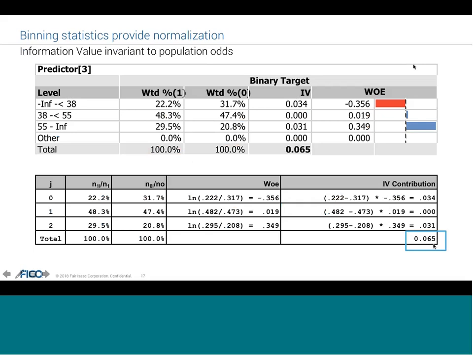So now when we start with our weight of evidence and multiply it by just the difference between the two distribution proportions, then we can sum the column. And now, again, we've got a statistic that's invariant to population odds when we're talking about information value, or population mean when we're talking about R squared.